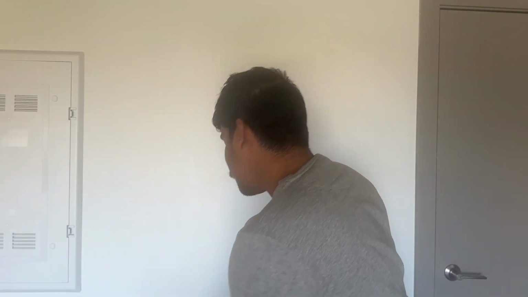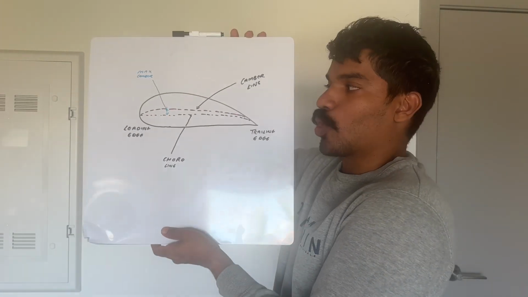So in this particular aerofoil, let's imagine an airplane wing, and in our imagination, let's take a slice out of the wing, right? A cross section out of an airplane's wing, that is. When we take a slice out of it, something like this is what we get.